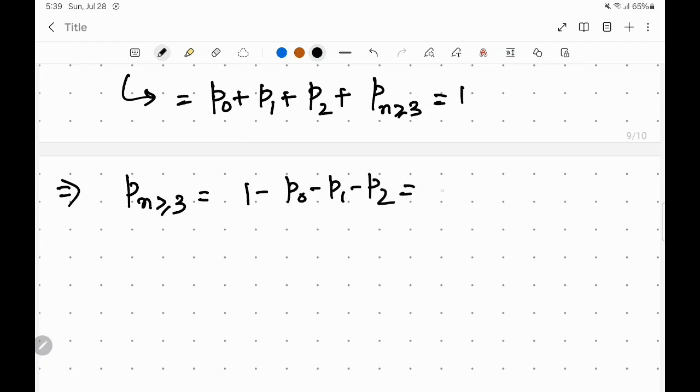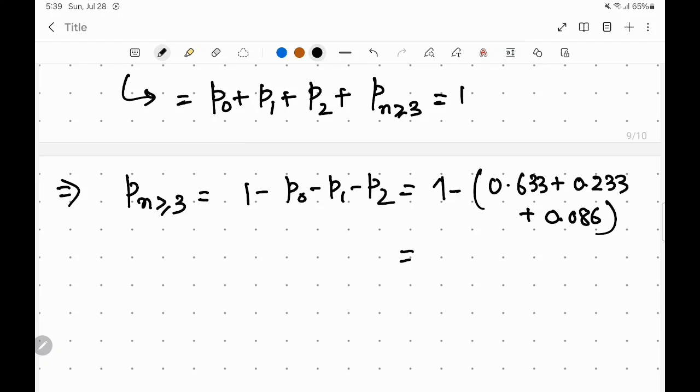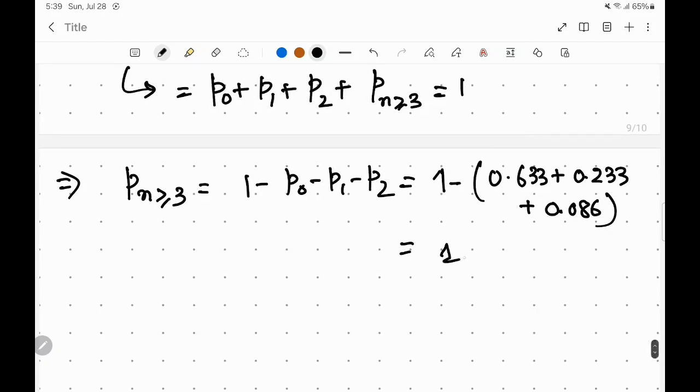So just calculate it. It will be 0.048. Very easy probability question, just keep in mind that overall probability should be 1, then subtract.